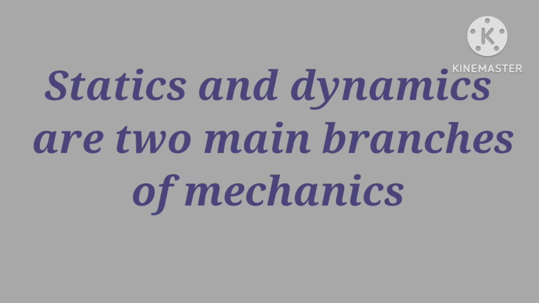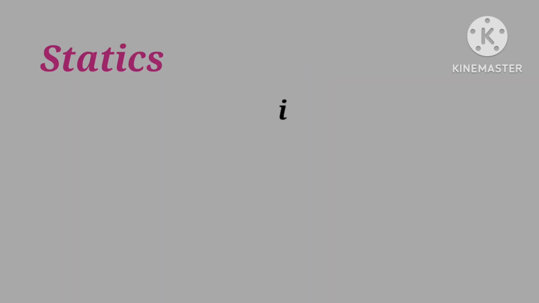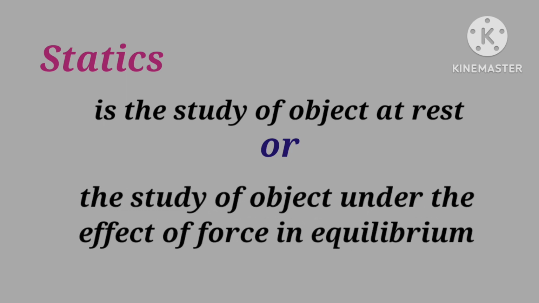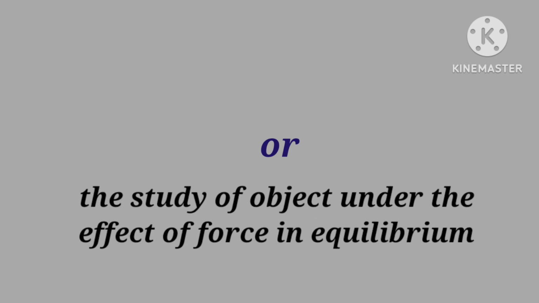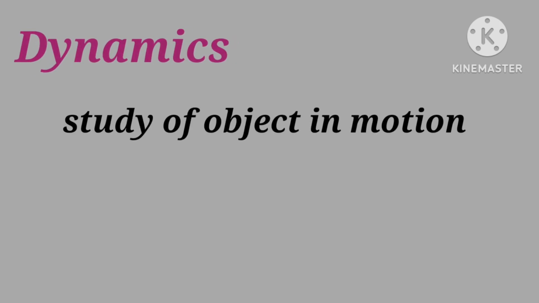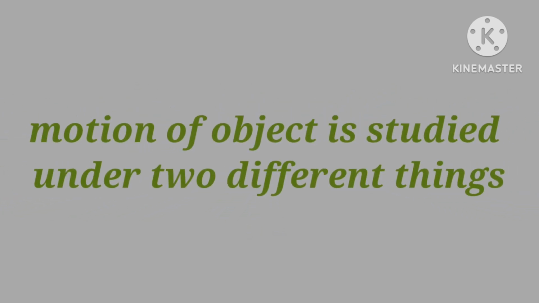Statics and dynamics are the two main branches of mechanics. Statics is the study of objects at rest, or we can say the study of objects under the effect of forces in equilibrium, whereas dynamics is the study of objects in motion. Motion of objects is studied under two separate things.